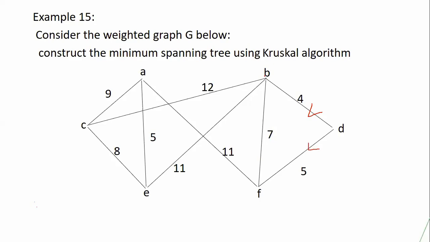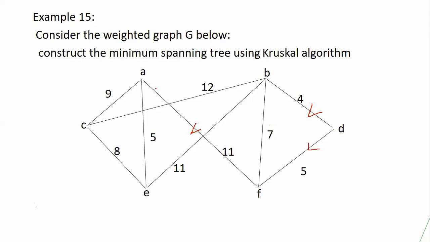We have formed a closed figure, B, D, F, B, which is a closed figure. We don't take that one. So we can't take 7, even though it is the least among them. We must go to A. Therefore, we pick this edge, AF.